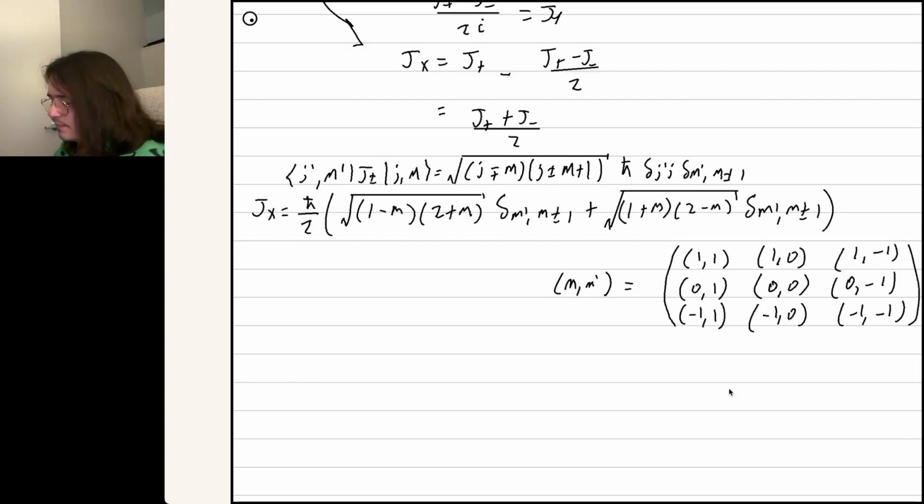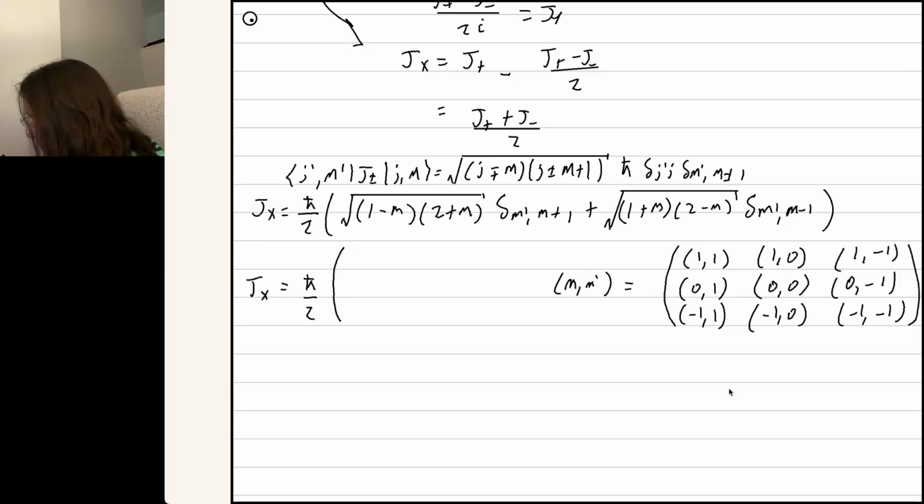All right, and then we'll write Jx based on that, h bar over 2. Let's evaluate m prime, m for each one. So the subscripts have to match for the Kronecker delta to be equal to 1.